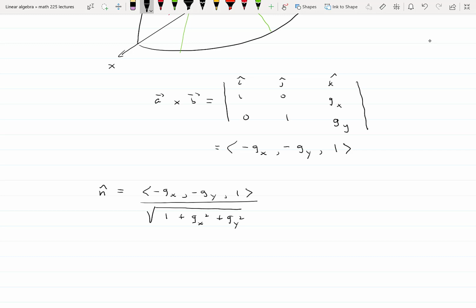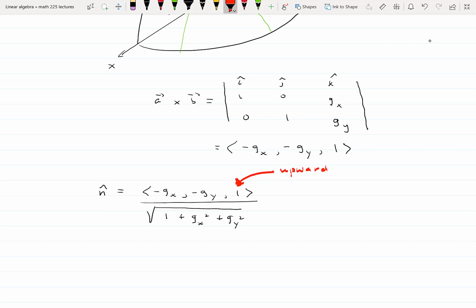So how can we tell that this vector is going to be a vector pointing upward? We're defining this normal as an upward normal. It is because we have 1 as the z component in the numerator. This is what tells us that we have an upward orientation.